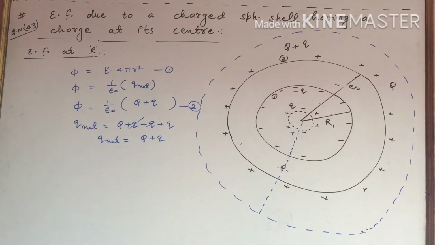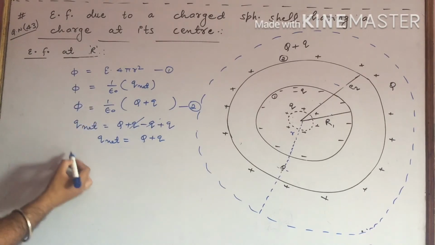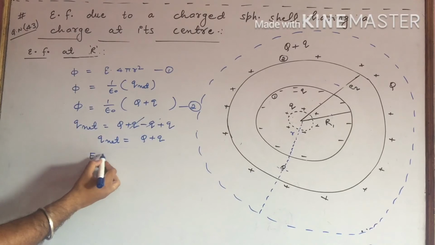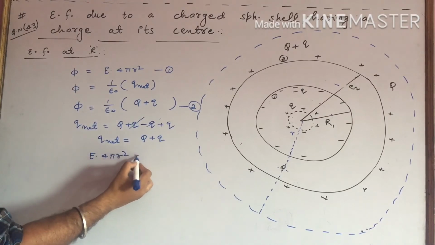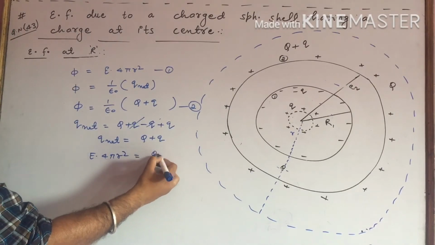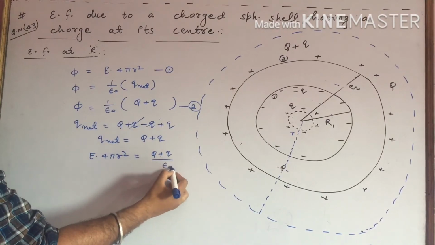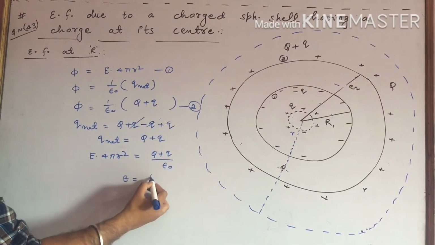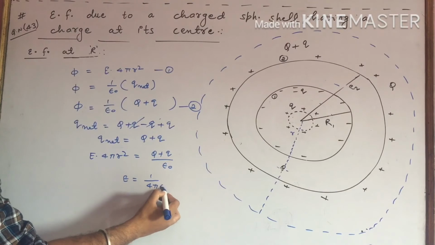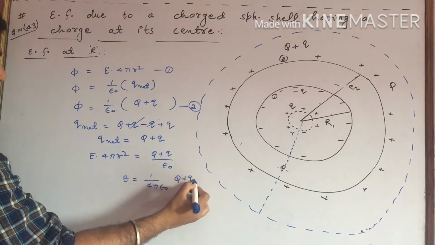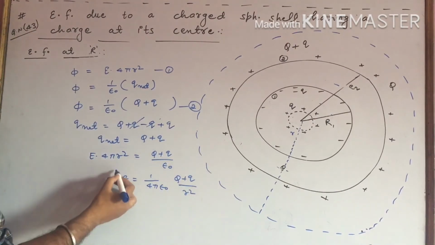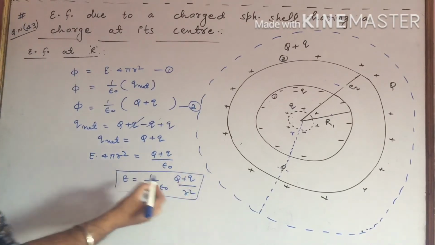Clear? Now comparing the results, we will be getting that E into 4 pi r square is equal to Q plus q upon epsilon naught, which gives us that electric field is 1 upon 4 pi epsilon naught times Q plus q upon r square. Not a big deal.